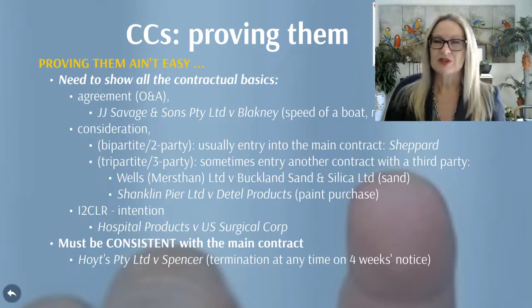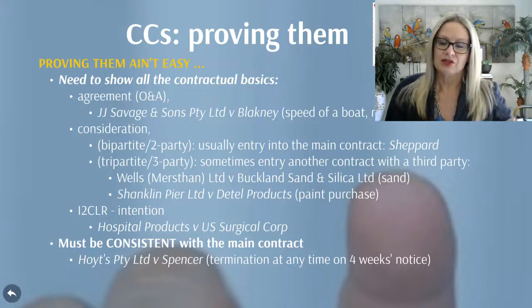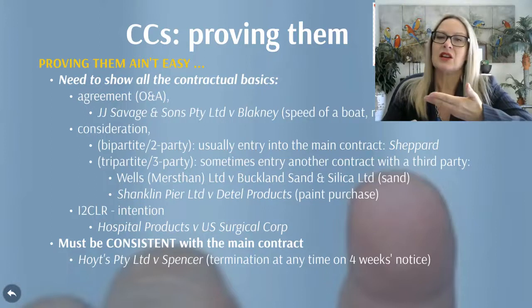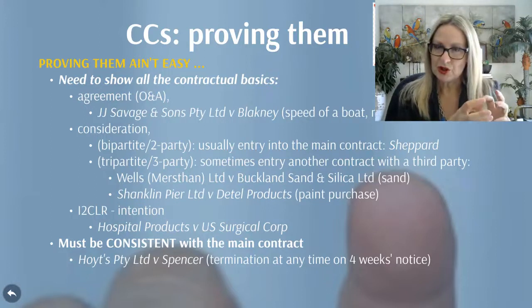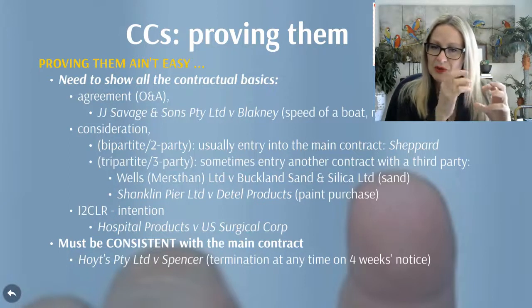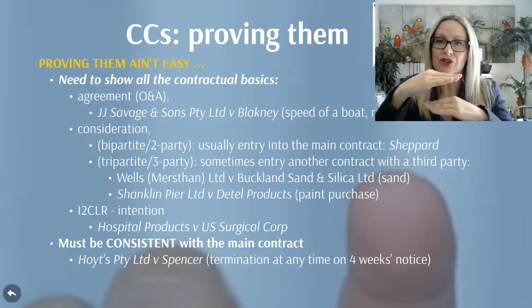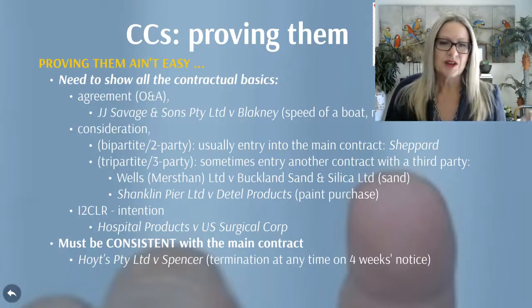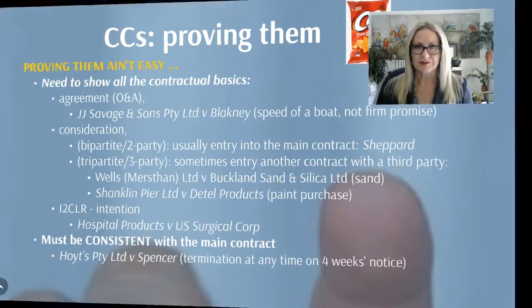And you can guess what happened. The right to terminate was purportedly exercised, and there was an objection made to that. And you can't have a collateral contract, this verbal assurance that the termination wouldn't happen unless the head lease fell over. You can't have that being held to be a collateral contract because the written terms of the main contract were directly inconsistent. So it just really makes sense, doesn't it?